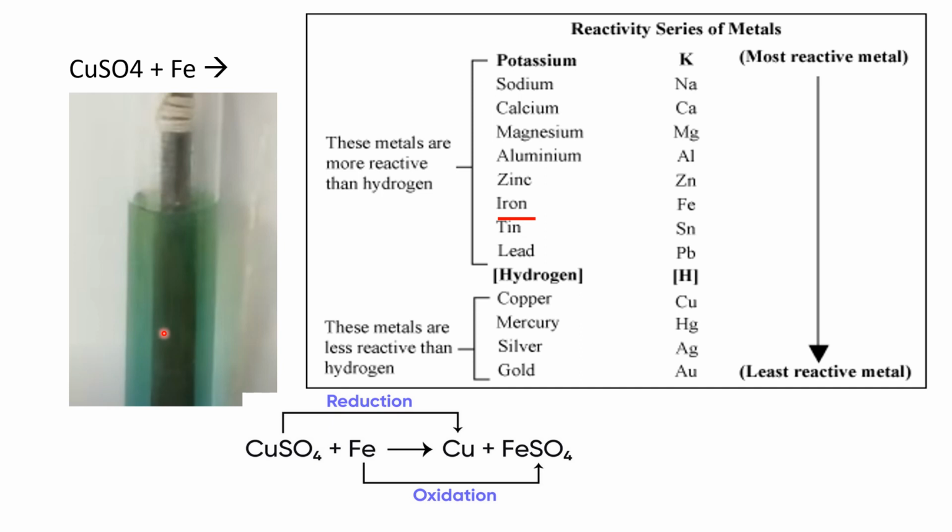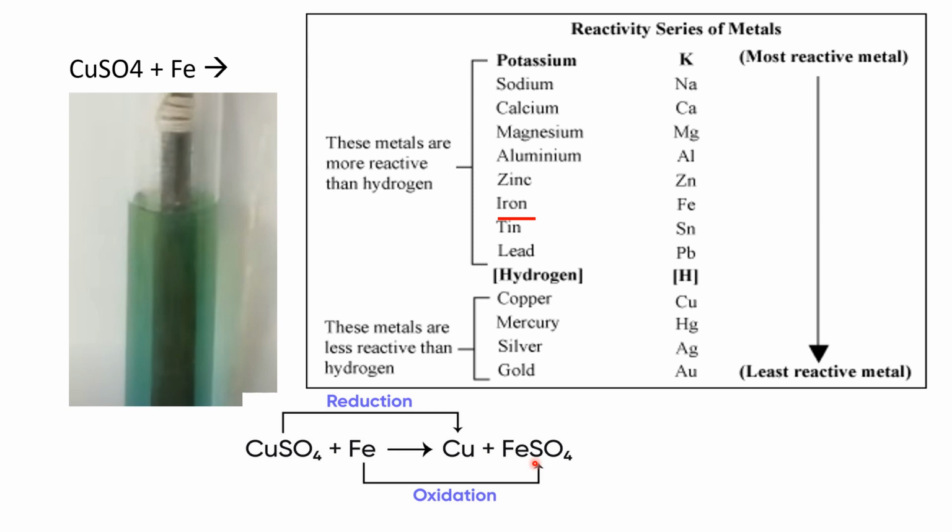The copper sulfate color, which is blue, starts to disappear because copper sulfate is consumed here because it is converted to copper metal deposit. While the iron here dissolves because it becomes ferrous sulfate. So from solid iron, it becomes ferrous sulfate, which is soluble.